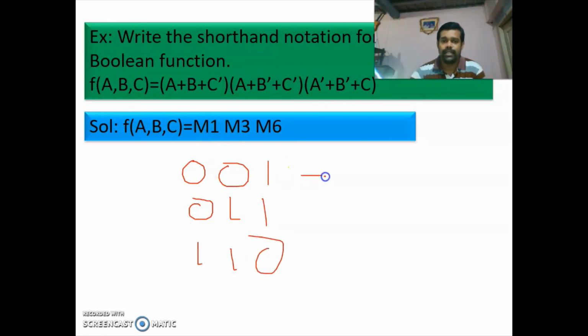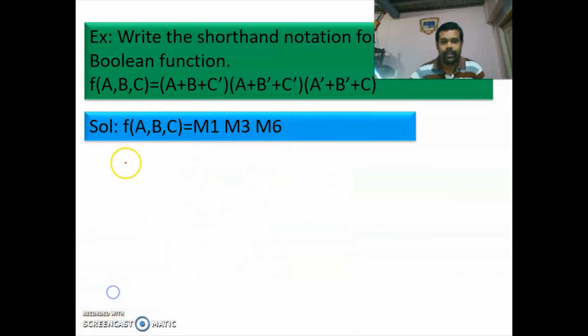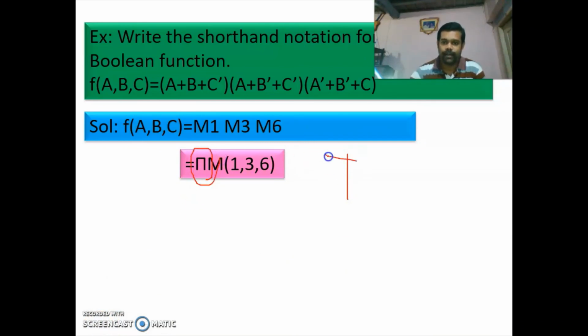So this is 1, this is 3 and this is 6. So M1, M3 and M6. We have used capital M for POS. If you have to write in POS, you have to use the product symbol.